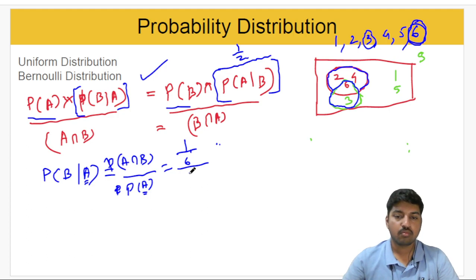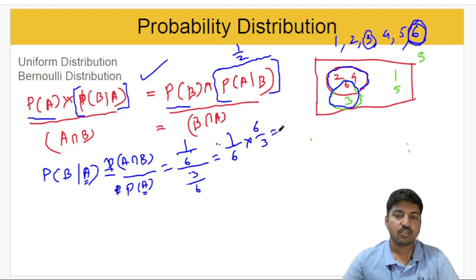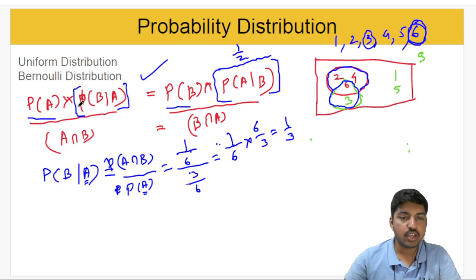It is 3 by 6, which means 1 by 2, but we will keep 3 by 6 because now we want to cancel it out. So we get 1 by 6 into inverse multiplication, as we are dividing by a fraction, 6 by 3, which is equal to 1 by 3. Correct? So now we got another answer: probability of B given A is 1 by 3.